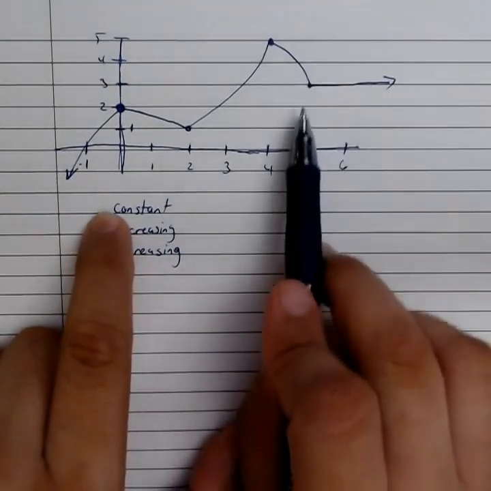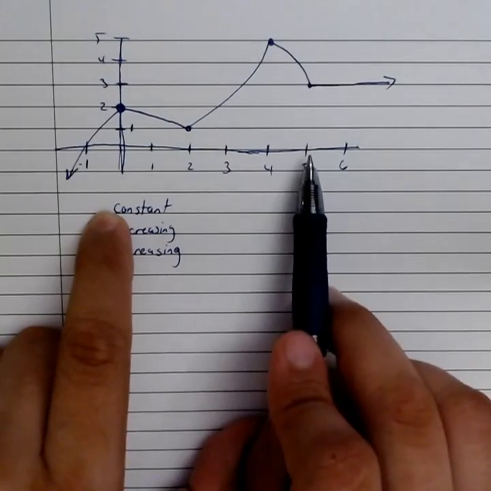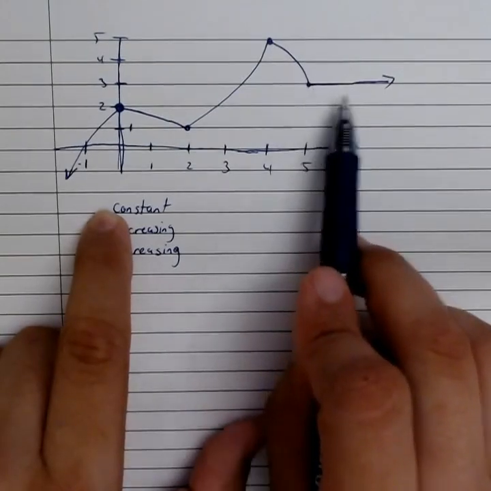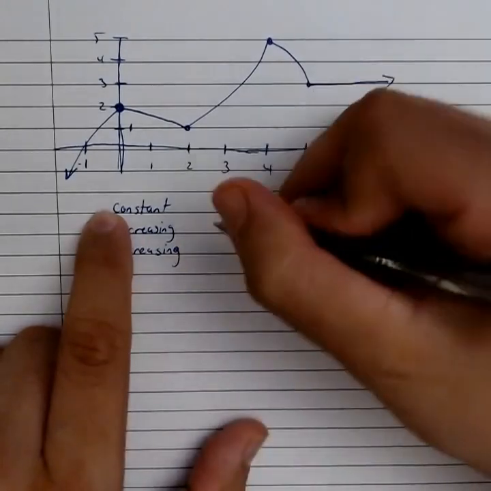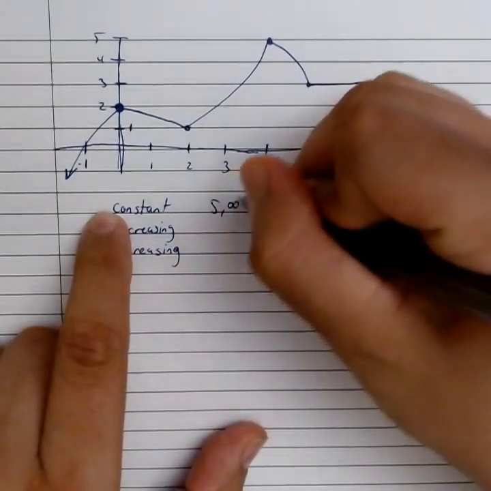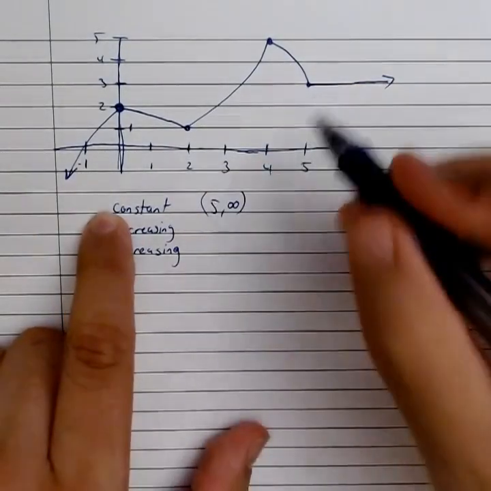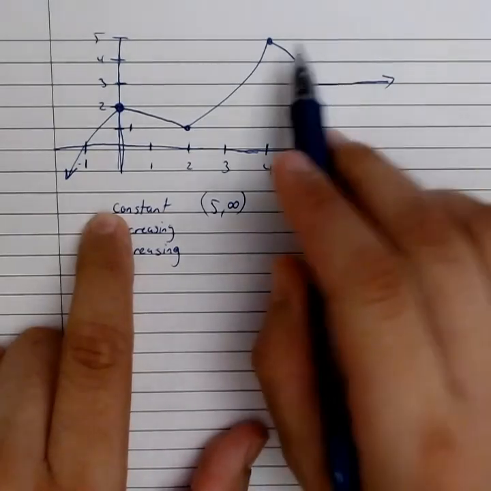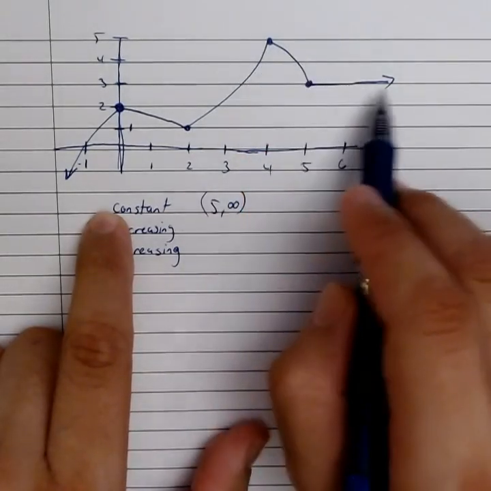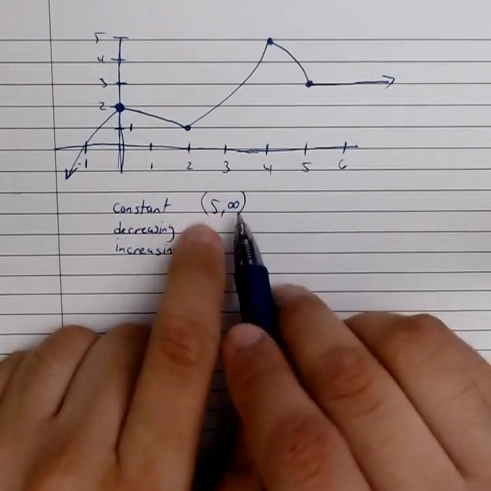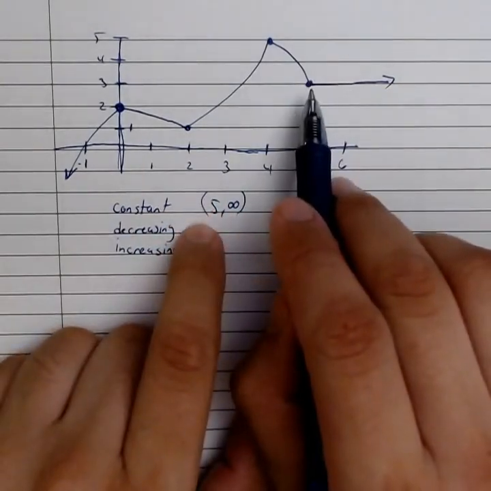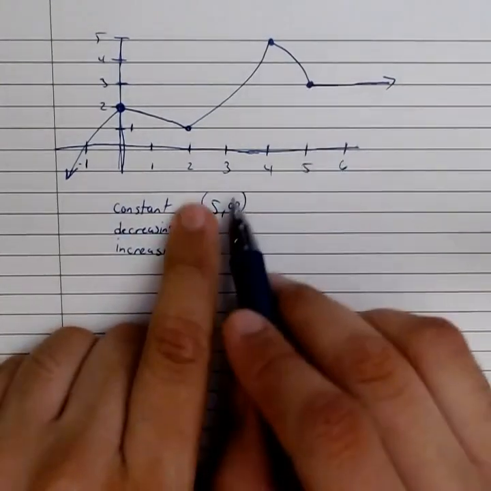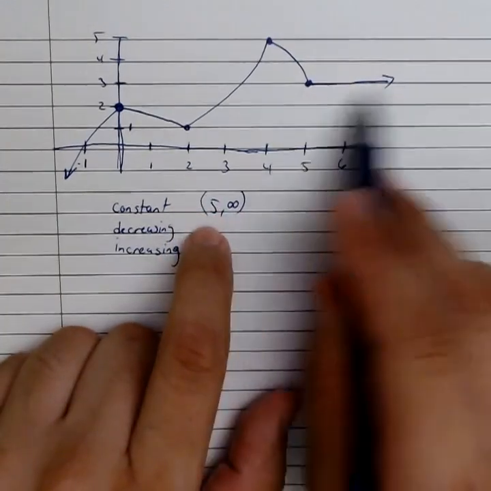So it starts to do that when the x value is 5, and it continues to do that forever. So starting at 5 on to infinity. Remember, we're not going to argue over whether this point is part of this or part of this. So here we don't worry about the endpoints ever. The function's constant from 5 to infinity, and we only worry about the stuff inside the interval.